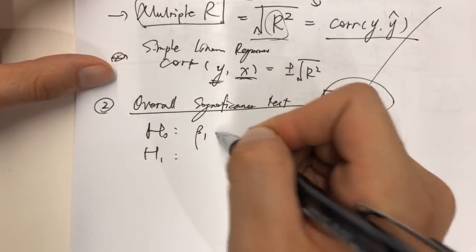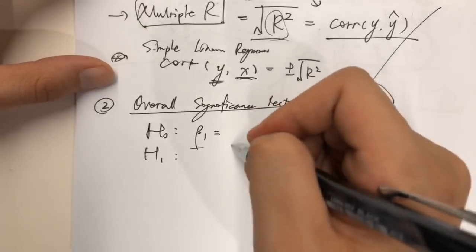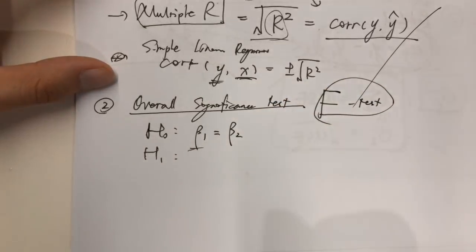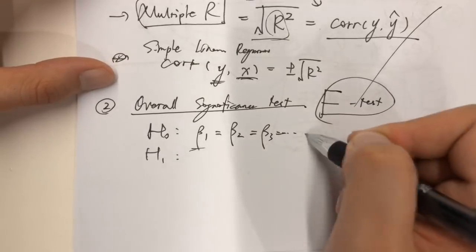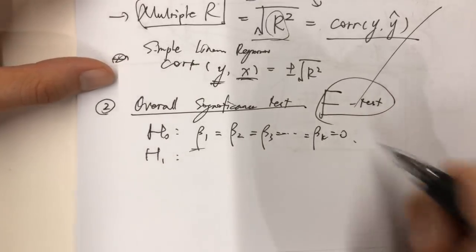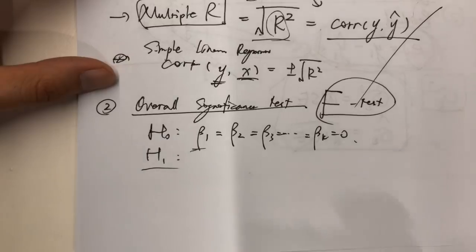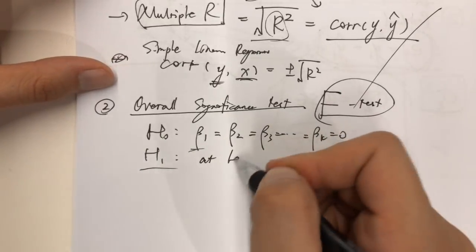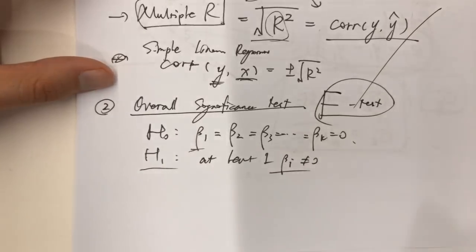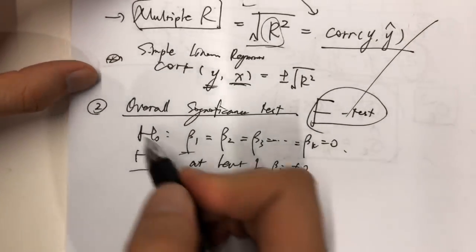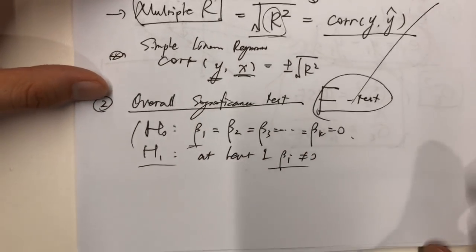So remember it's from beta 1, okay? No beta 0 here. Beta 1, beta 2, beta 3 to beta k, all equal to 0. And the alternative hypothesis is at least one beta i is not equal to 0. Okay, so that's all about the overall significance test.